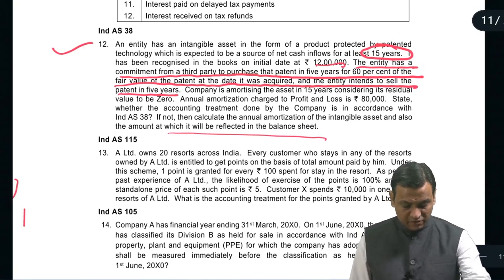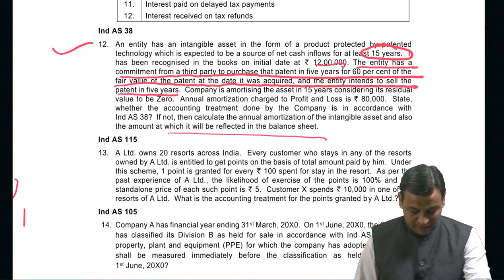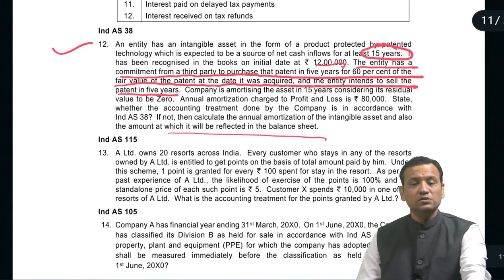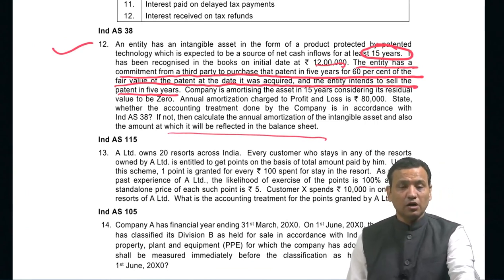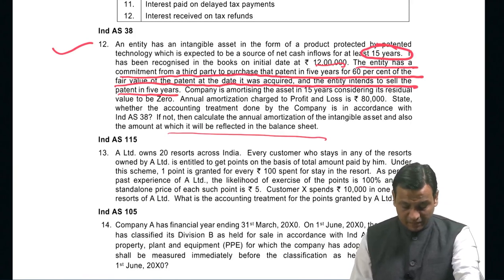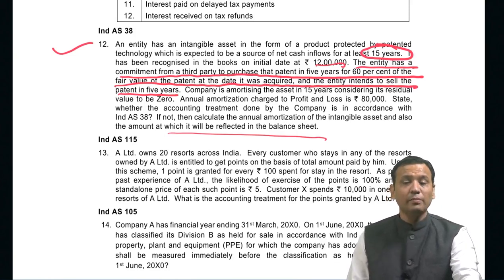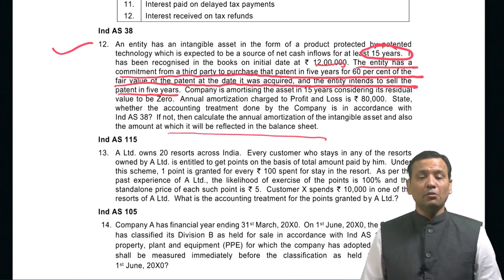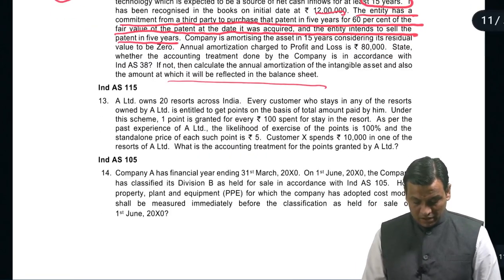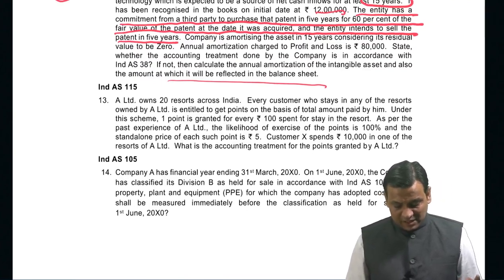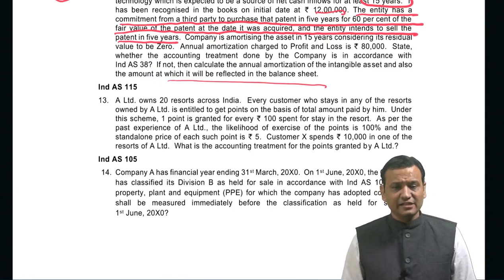Now, coming on to Ind AS 115. Please read the question, friends. A Limited owns 20 resorts across India. Every customer who stays in any of the resorts owned by A Limited is entitled to get points on the basis of the total amount paid by him. Under this scheme, 1 point is granted for every ₹100 spent for stay in the resort.